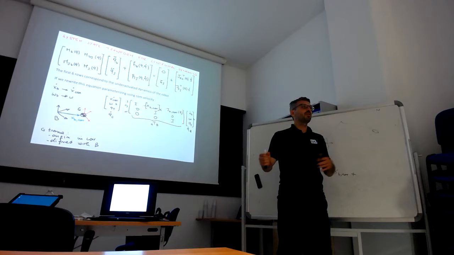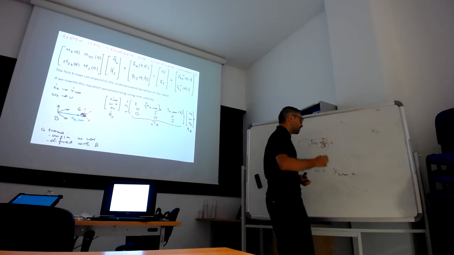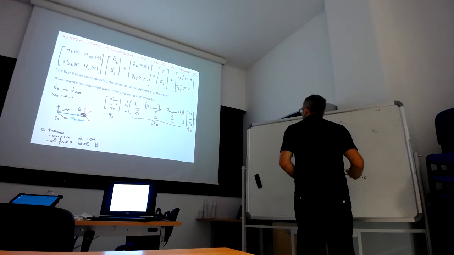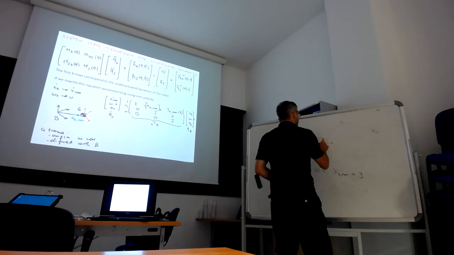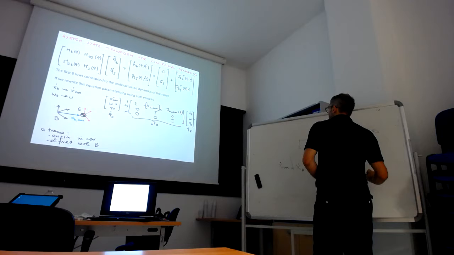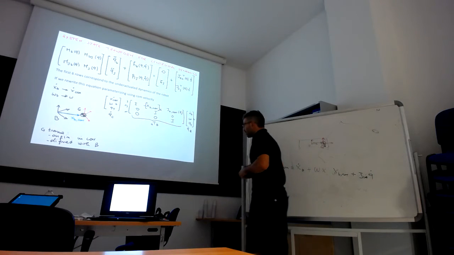So if I move the links quickly like that, the velocity of the center of mass will change. So we have a Jacobian that depends on the joints, and will affect the velocity of the center of mass.